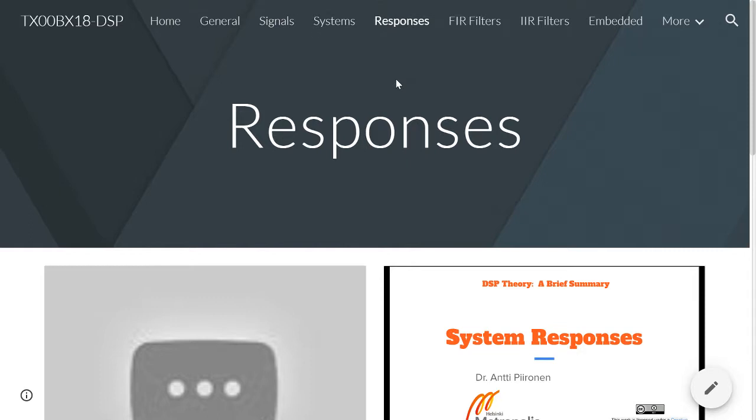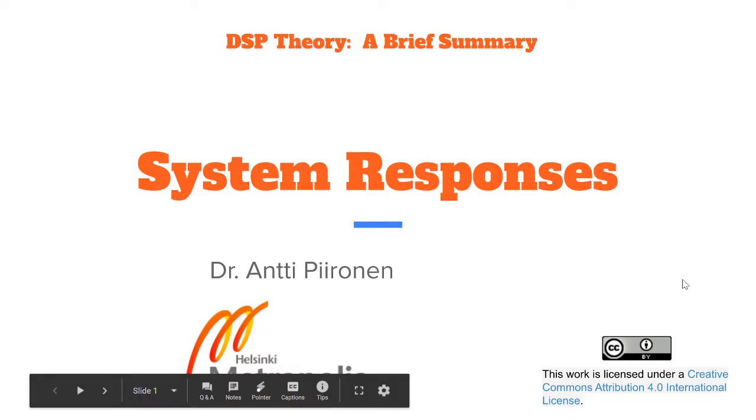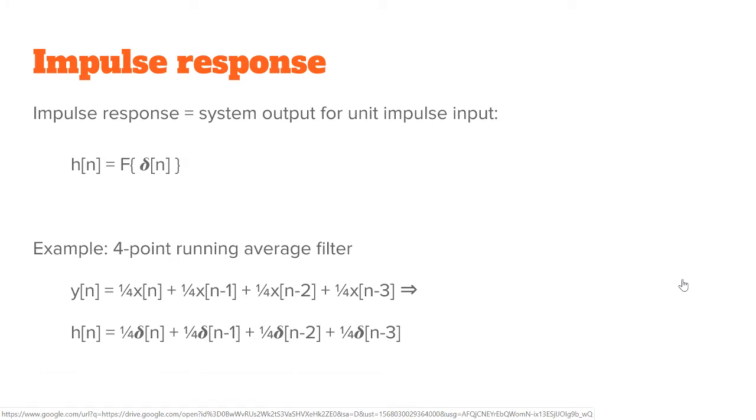Okay, but let's go and take a quick look at this theory part. So system responses. And yes, impulse response is nothing more than having the impulse function as an input, and what comes out is the impulse response. Okay, nothing more than that.